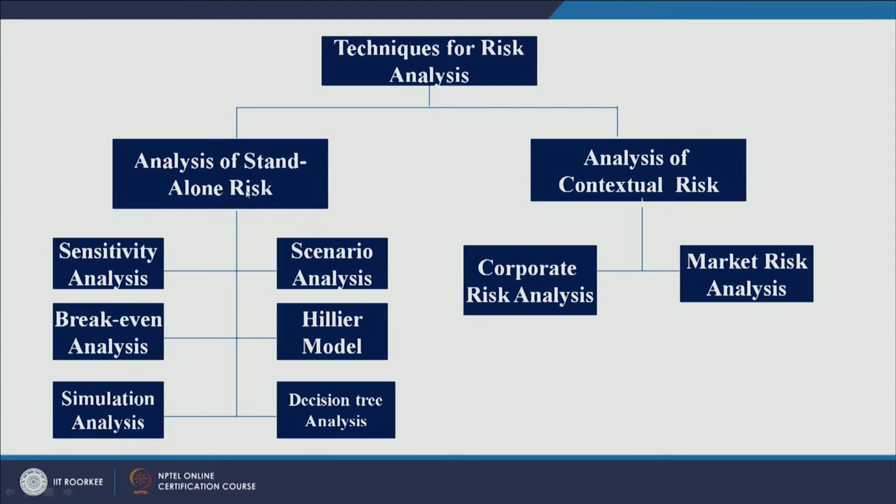In standalone risk analysis, we have sensitivity analysis, break-even analysis, simulation analysis, scenario analysis, the Hillier model of risk calculation, a very important model, and then decision tree analysis, right. So, we will look at these things.